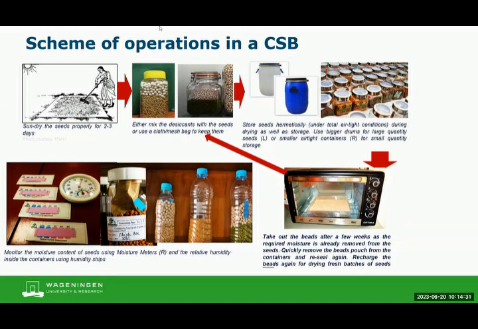Okay. Then please, the second question. How will we use the beads also for reducing the seed moisture content? Can we reduce the shape a bit, then put them inside the container so that it can reduce the seed moisture content?